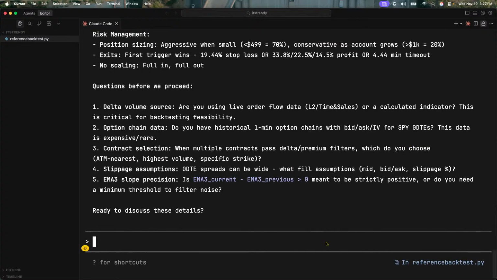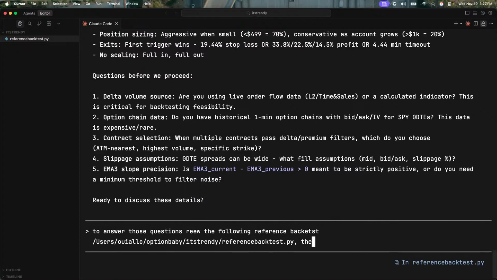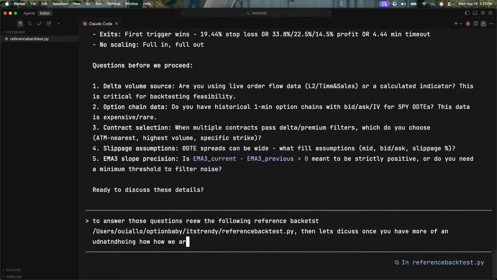All right, beautiful. So now to answer those questions, review the following reference backtest. Then let's discuss, once you have more of an understanding of how we are going to be back testing this strat.